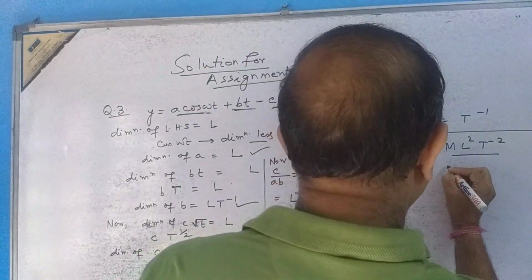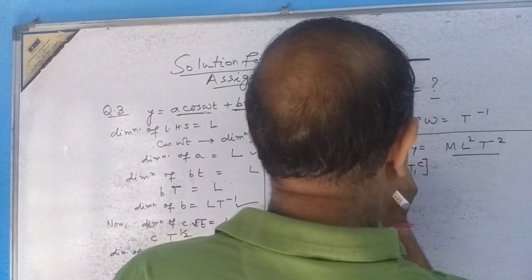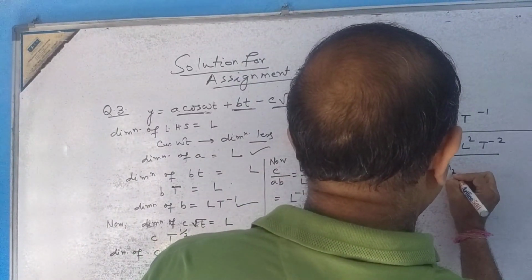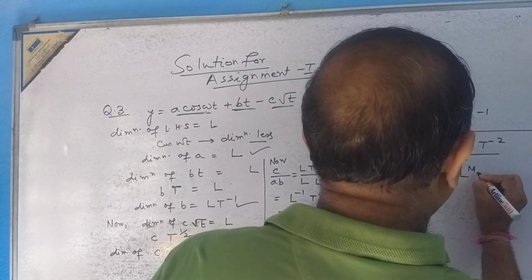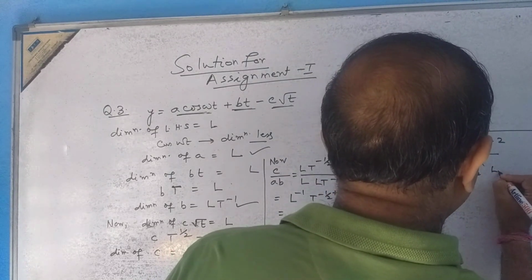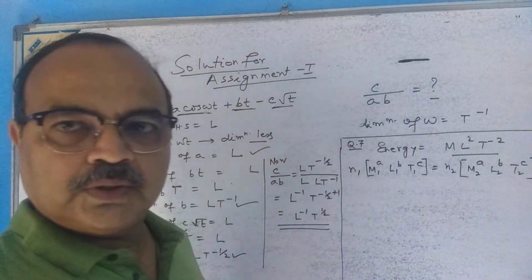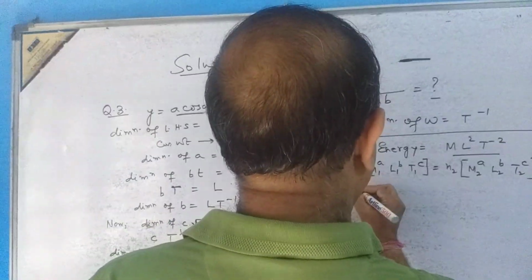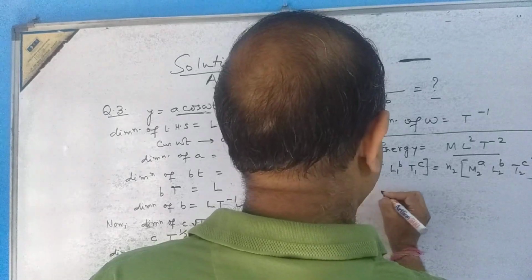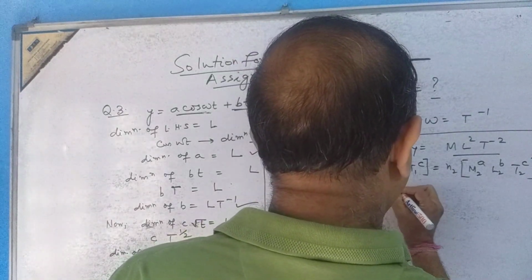So n1 M1 to the power a, L1 to the power b, T1 to the power c should be equal to n2 M2 to the power a, L2 to the power b, T2 to the power c. Then I consider n1 is equal to n2 as usual.